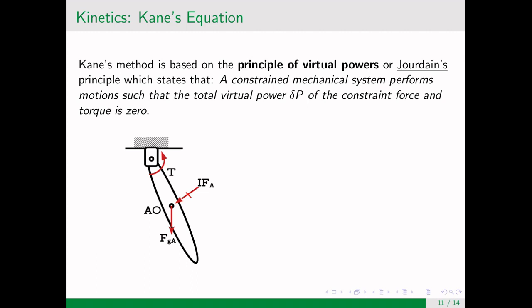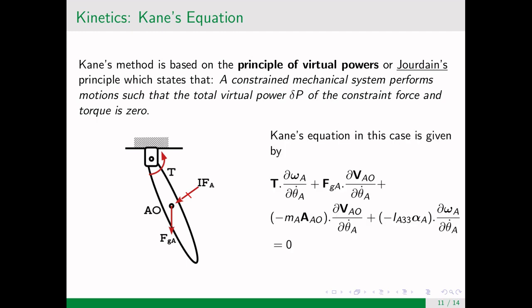Another method, which is relatively easier, is using Kane's equation. Kane's method is based on the principle of virtual powers, or Jourdain's principle, which states that a constrained mechanical system performs motions such that the total virtual power of the constraint force and torque is 0. While using Kane's equation, you don't need to bring the reaction forces into the picture. So the total virtual power is 0.